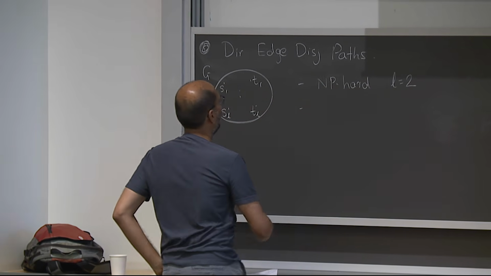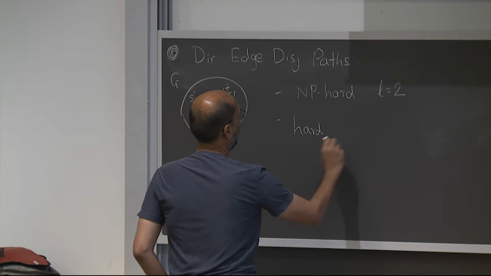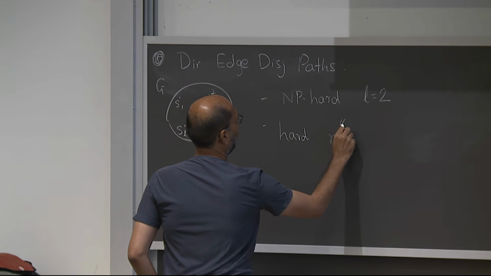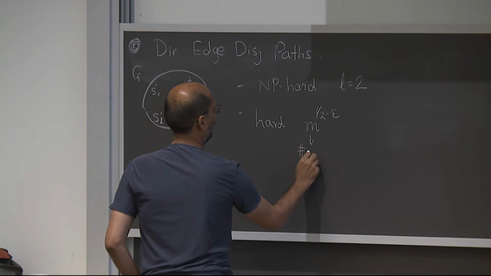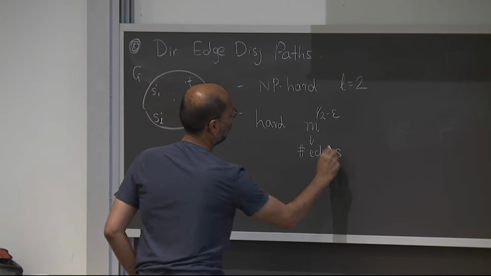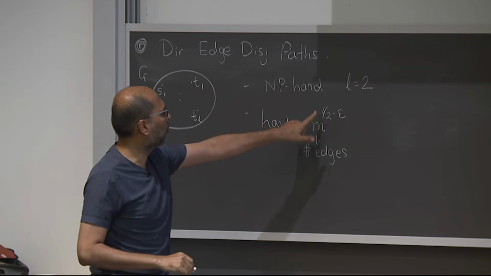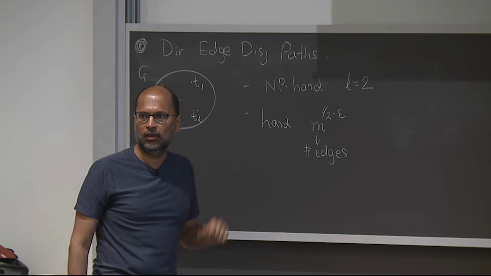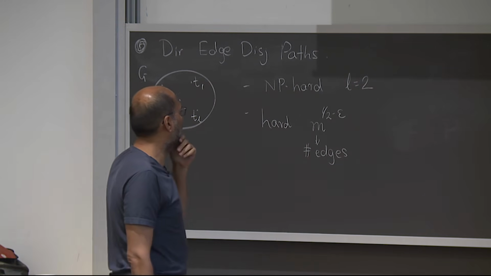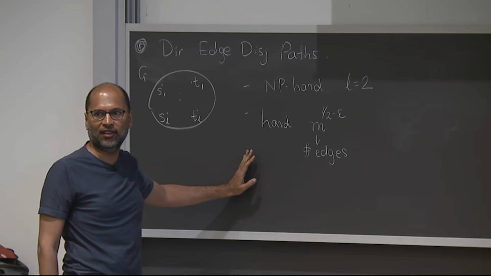And then you can show that this is hard up to a factor of m to the half minus epsilon, where m is the number of edges of the graph. So this problem is really, really hard to approximate. And there is also an approximation algorithm with square root of m, so this is tight. Okay? If you are new to this area, I highly recommend looking at this reduction.